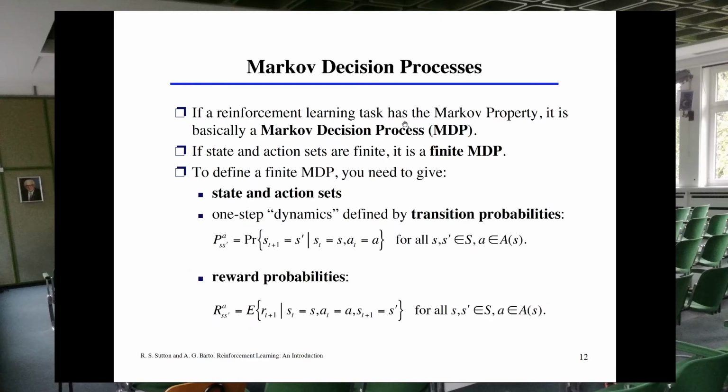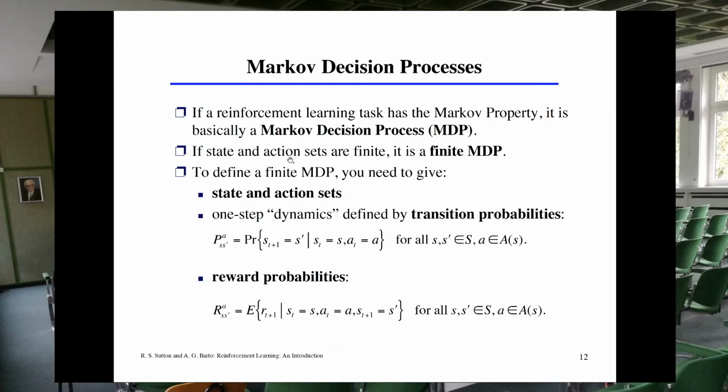If a reinforcement learning task has the Markov property, then we will say that we are talking about a Markov decision process, an MDP. If state and action sets are finite, it is a finite MDP.